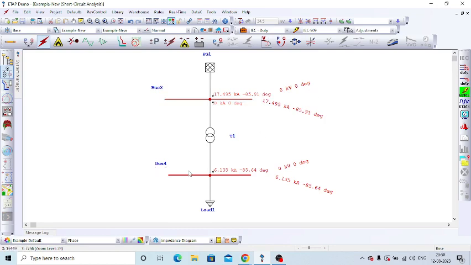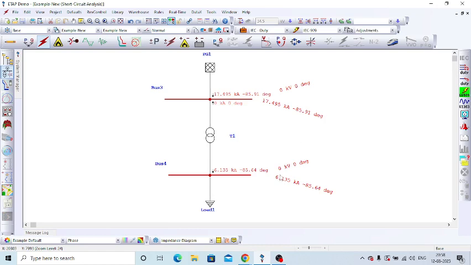For bus 4 also, the voltage is 0 kV and the voltage angle is also 0. So it means it is a zero voltage fault, a zero impedance fault. Normally we call it a bolted fault.